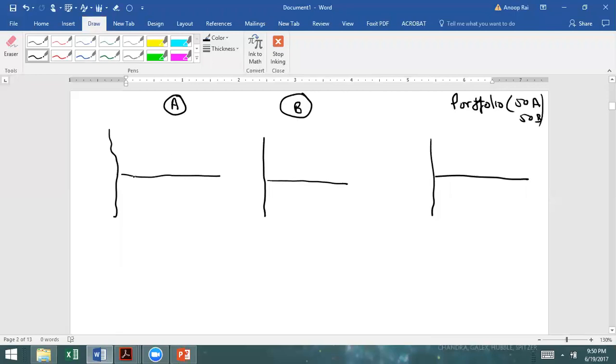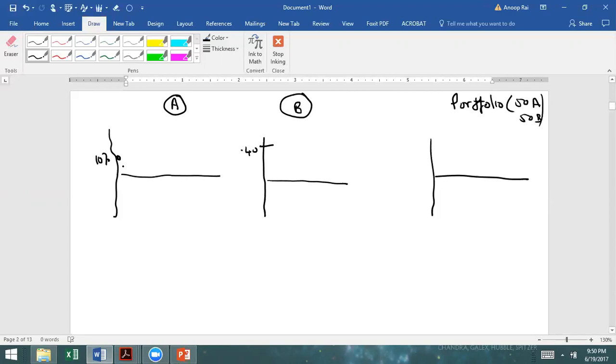Let's take a look at stock A. Suppose in the first year, the stock earns a 10% return, but your stock B earns about 40% return.